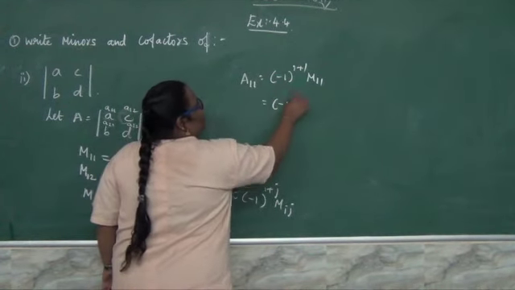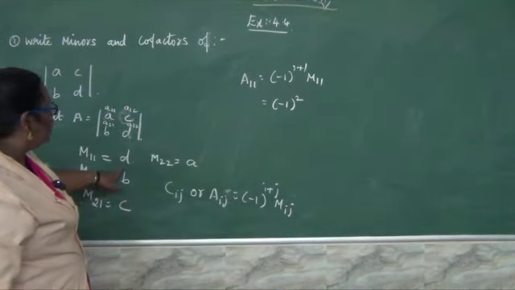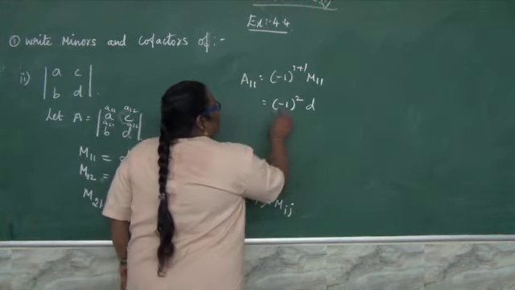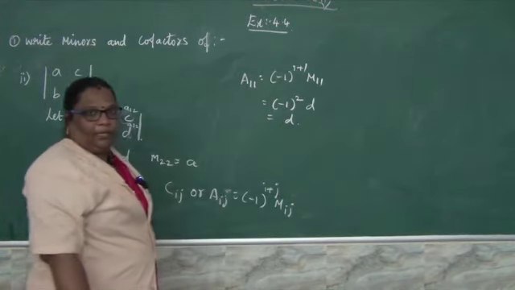It gives minus 1 the whole square. The value of M11 is d. So the answer is d.